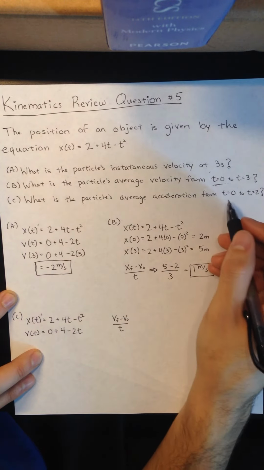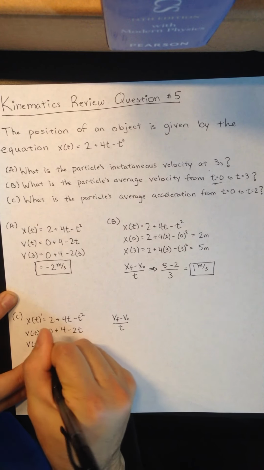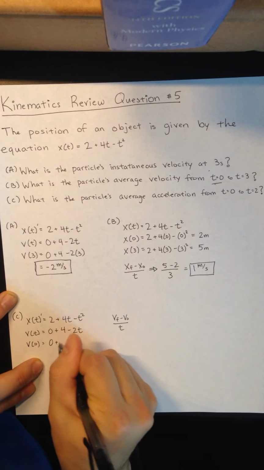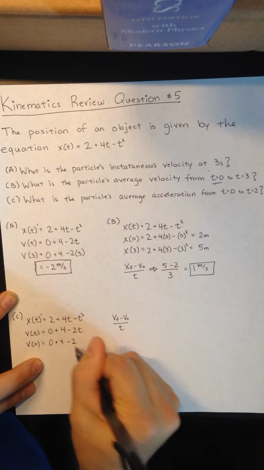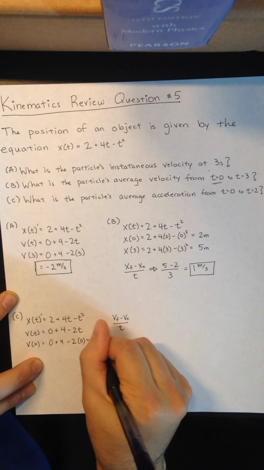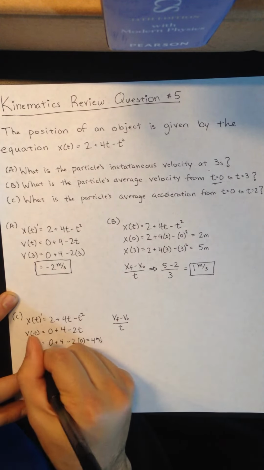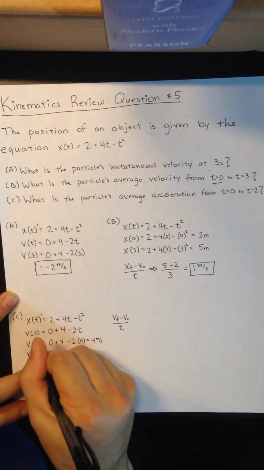So for the first one, let's look at the velocity at time equals 0. It would be 0 plus 4 minus 2 times 0, and what you get is 4 meters per second. And then let's find what the velocity is at 2 seconds.